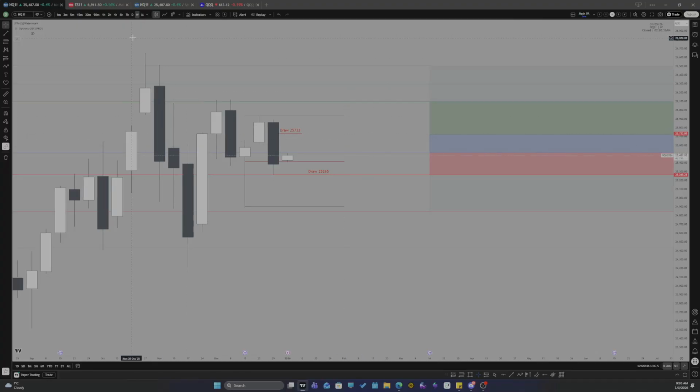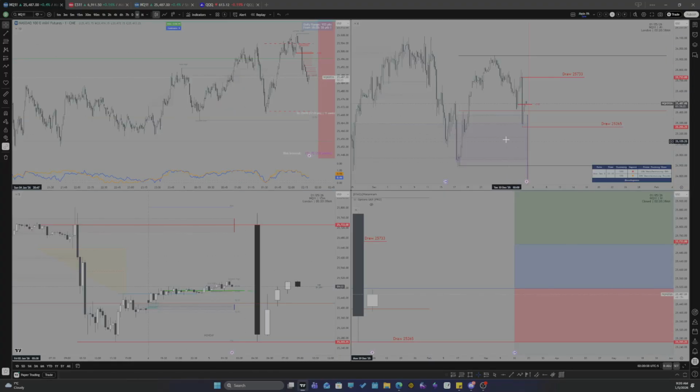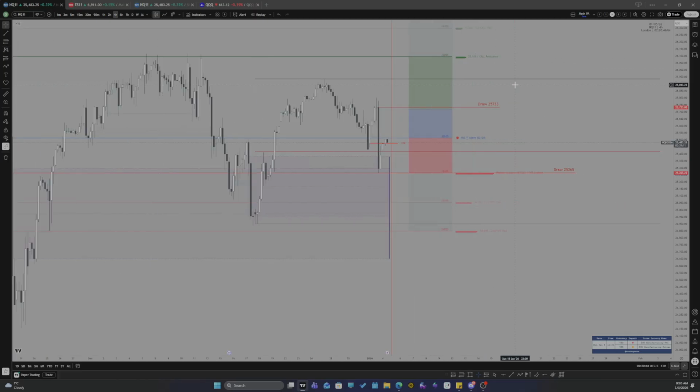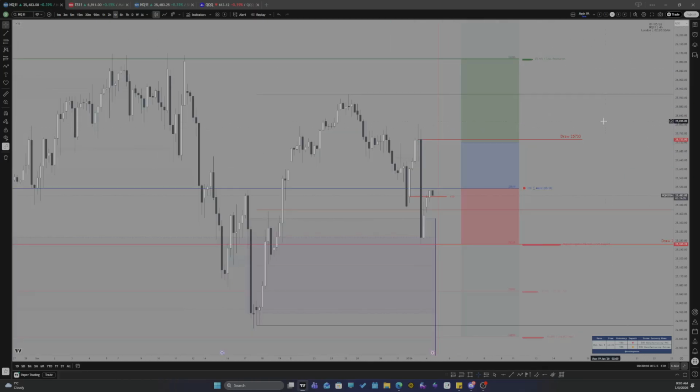As I said, if I'm going to the 4-hour chart, let's look at that here as well. Yeah, there it is, right? Yeah, this is saying an ideal lower.